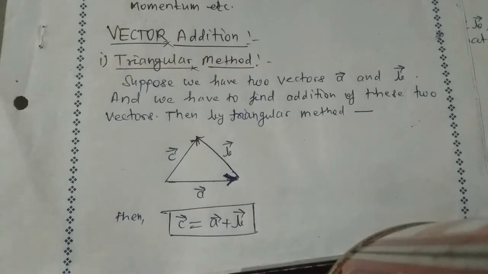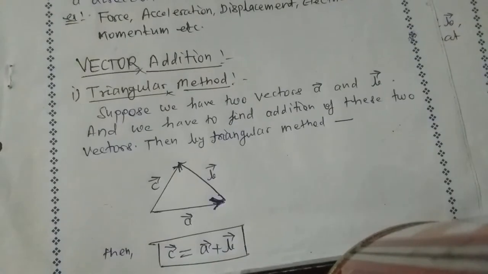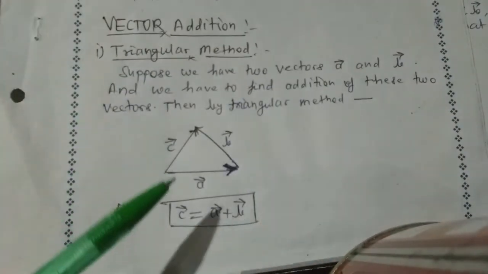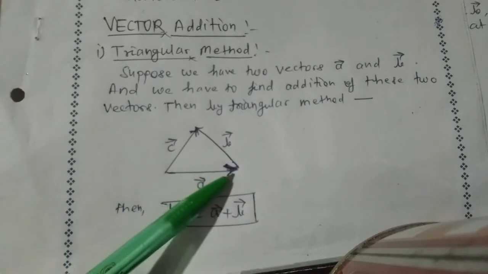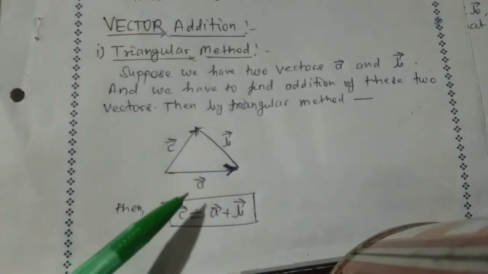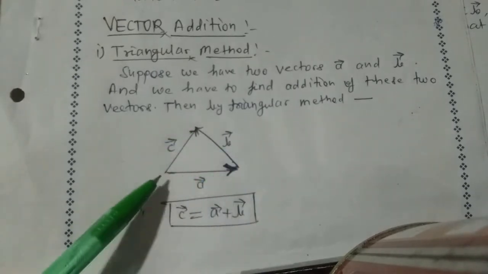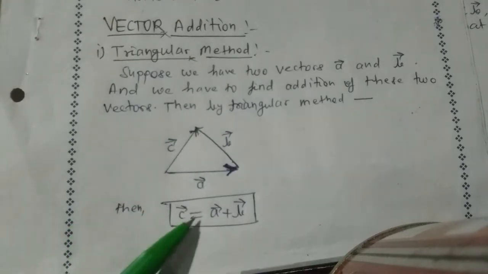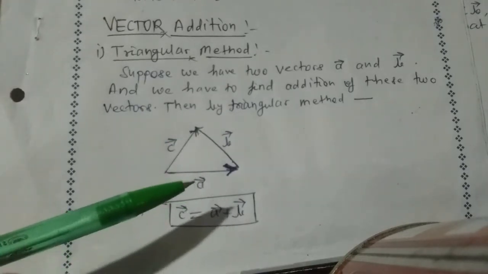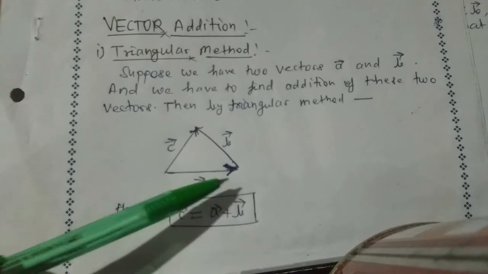The first one is the triangular method. Suppose we have two vectors, vector A and vector B. We have to find the addition of these two vectors. Then by triangular method, let's say this is vector A and this is vector B, and this is vector C, and C is equal to A plus B. So here the direction is very important.